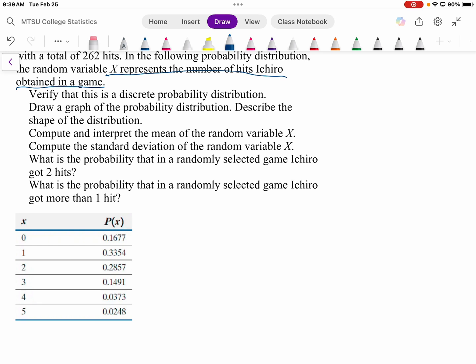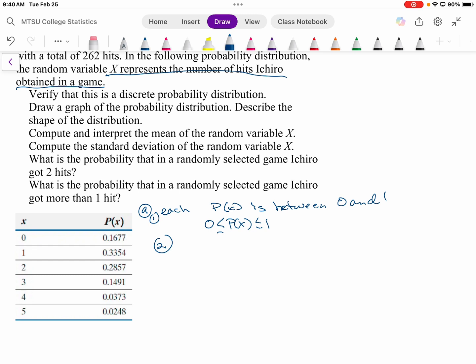So for part A, yes, each P of X is between 0 and 1, or you can just write it down like this. And that's the first one. And then second, I would need to add those up real quickly. I'm going to get a portable calculator instead of doing this split screen.